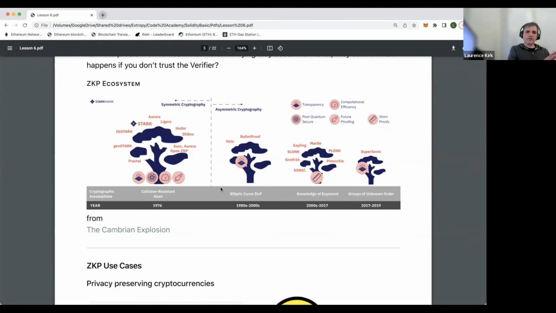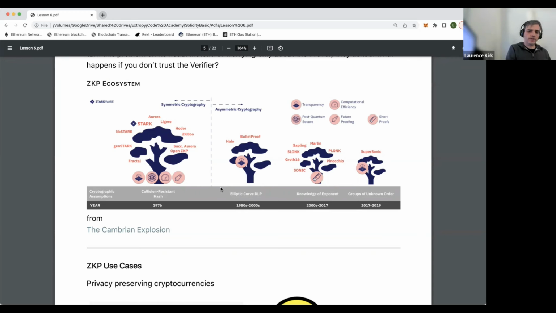And Starkware, who invented STARKs, are, in my opinion, really pushing this area ahead massively at the moment. And this area of zero knowledge proofs, in particular what Starkware are doing, I think is one of the big growth areas at the moment within the blockchain space.